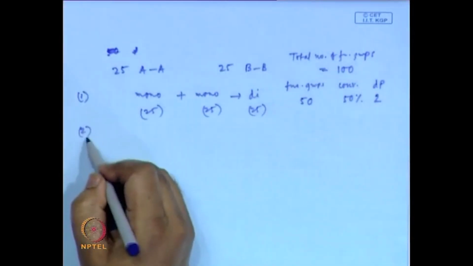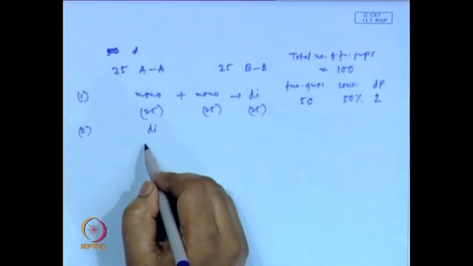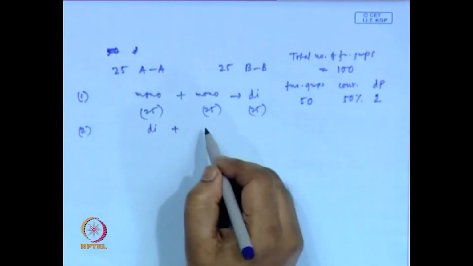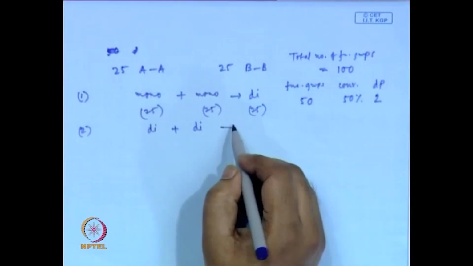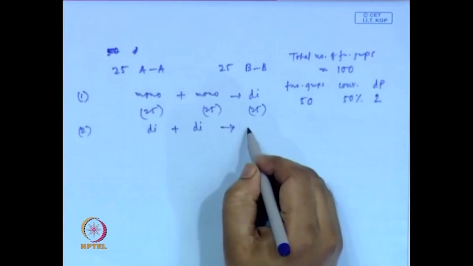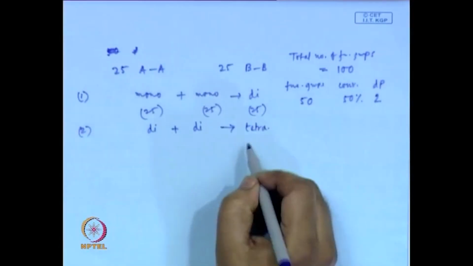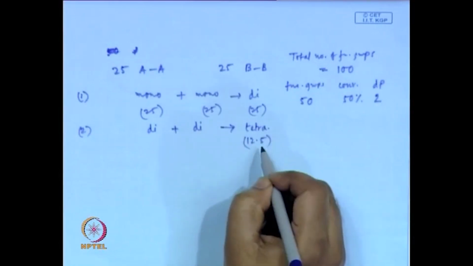Let us consider that in the second step all these dimers react with each other, forming tetramers. How many tetramers will there be? 12.5 on average.